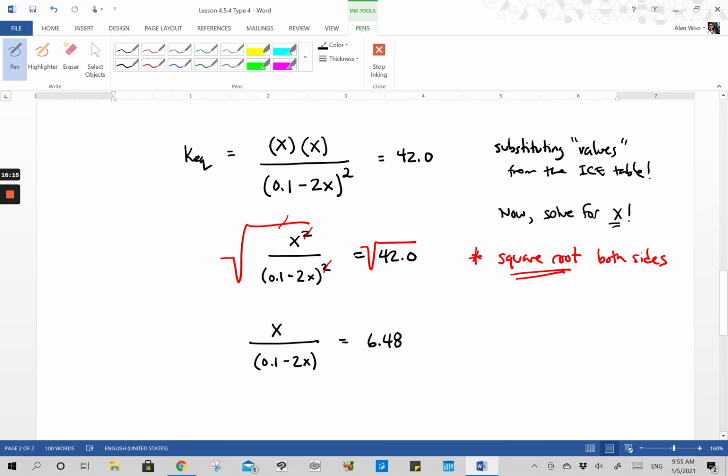Okay, so once you have gotten up to here, you will need to solve for x, or continue solving for x, but try cross multiplying.